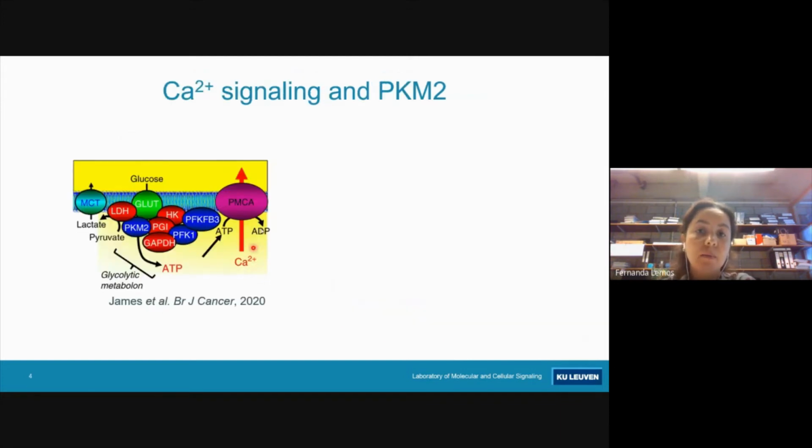So far, we know that PKM2 can interfere in calcium signaling. Recently, James and collaborators in 2020 showed that PKM2 can form a macrocomplex close to the plasma membrane calcium ATPase, providing this pump enough ATP and avoiding calcium overload and cell death caused by it.